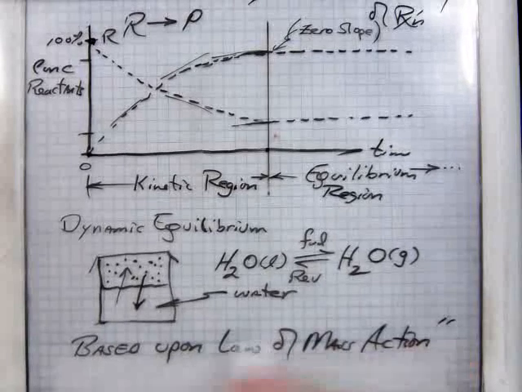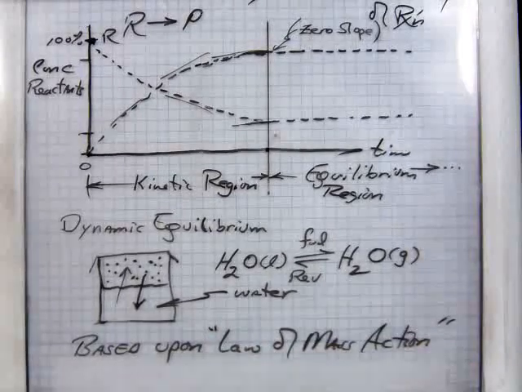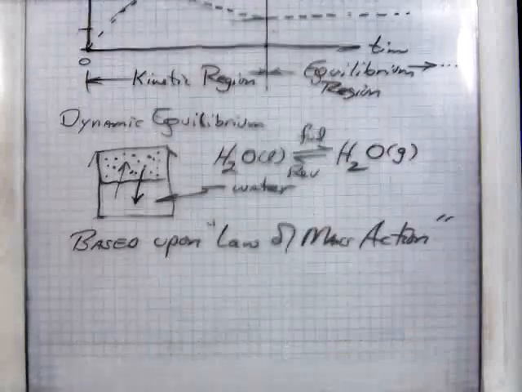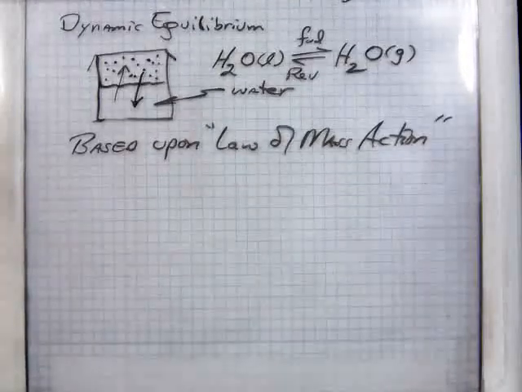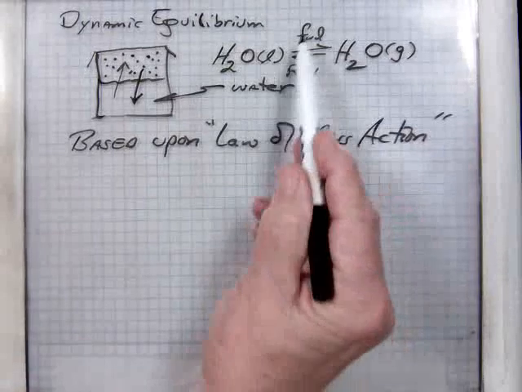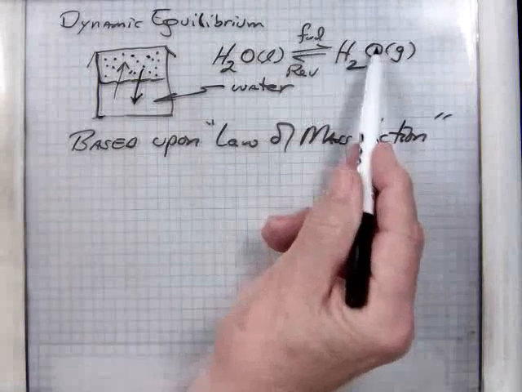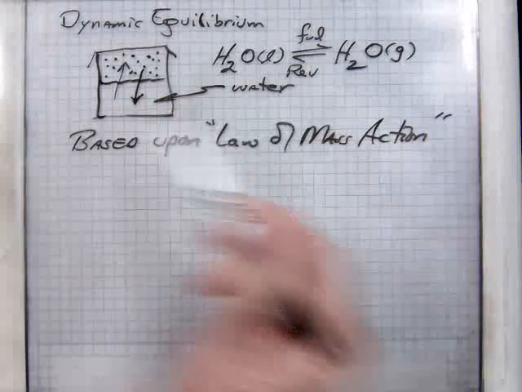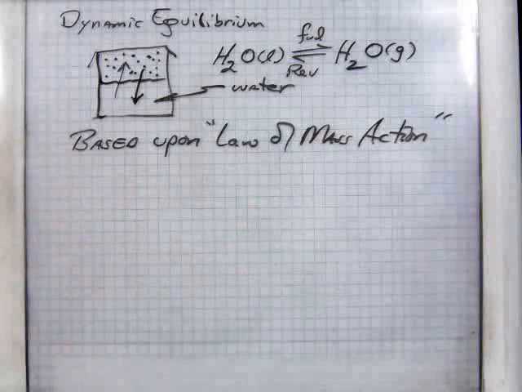Very important little starting point to understand how the concepts of equilibrium evolve out of kinetics, and we'll see how that works right now. So as the reaction enters into the equilibrium region, the rate forward is equal to the rate in reverse, and that simply is the law of mass action.